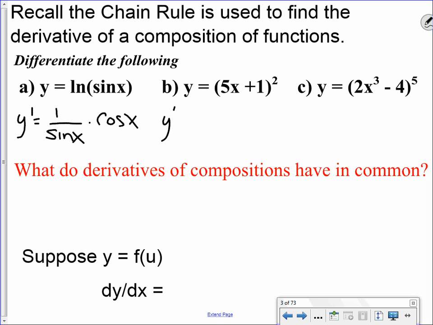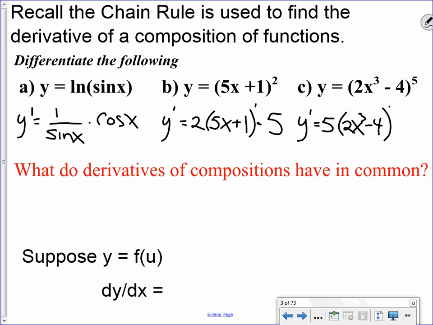What is the derivative? 2 plus 1 first times 5, derivative of the inside. Chain rule. One more here. That's the derivative of the last one, times 6x squared.